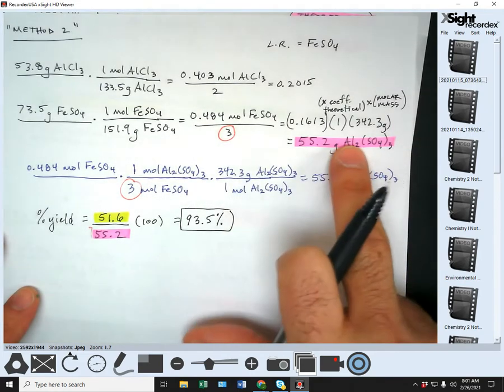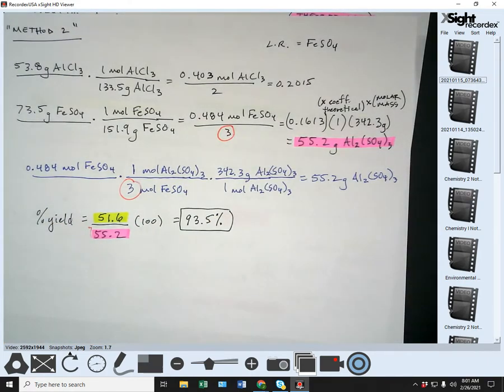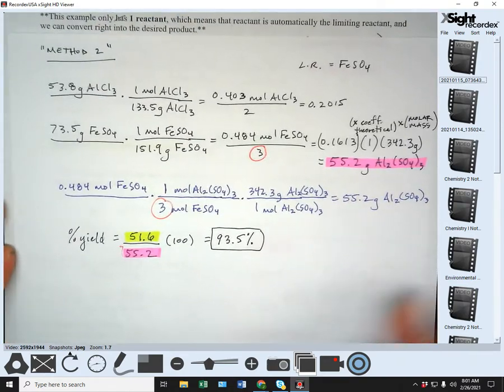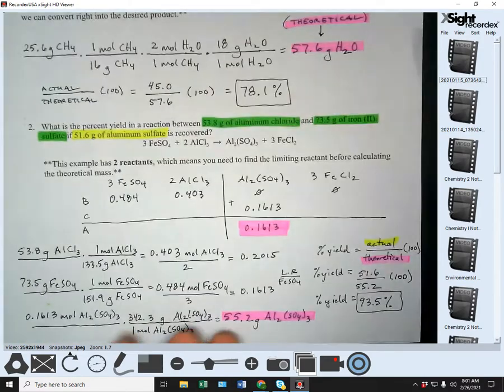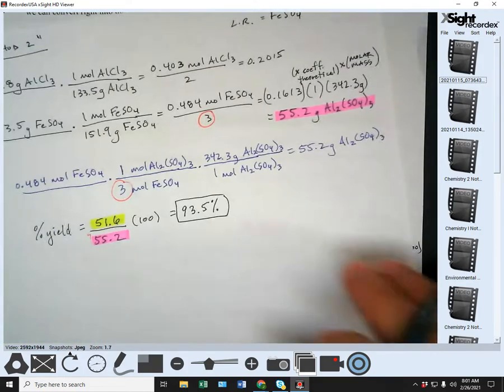That gives you the theoretical grams, and then you just do this down here. So if you like that way better than the BCA chart, partial BCA chart one, go ahead and use this. Either way you go, you still have to show the work that I told you need to show.